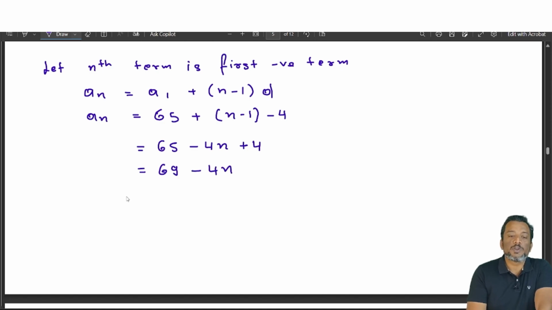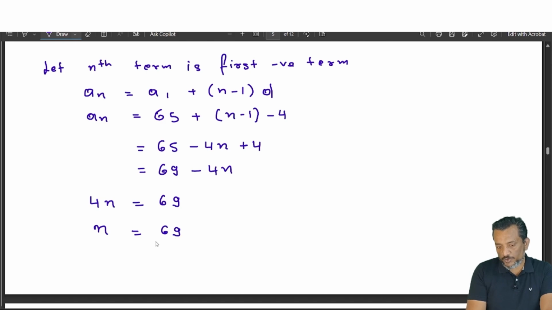Now we transpose this minus 4n to the left side, so 4n is equal to 69. So n is equal to 69 over 4.